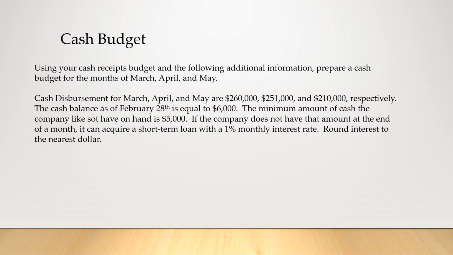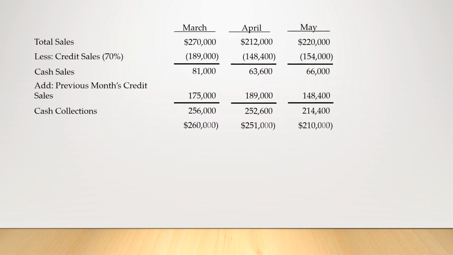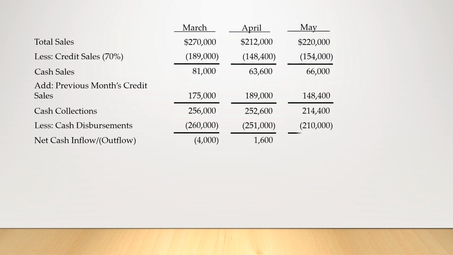We determined our cash inflows already. Next, we'll incorporate our monthly outflows. Subtract those disbursements to arrive at the net cash inflow or outflow for each month. March has a $4,000 net outflow, while April and May have net inflows of $1,600 and $4,400.